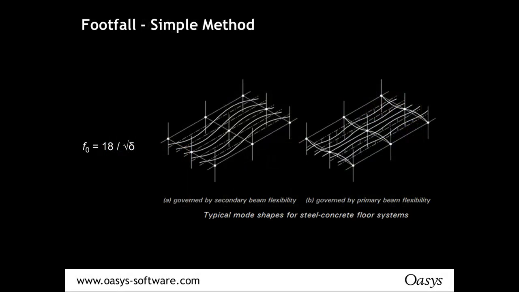Now, the AISC guide and the SCI guide both have options for simple methods for the calculation. This is when you take a generic floor plate, which is pretty similar to yours, and assess that rather than assessing your actual structure.